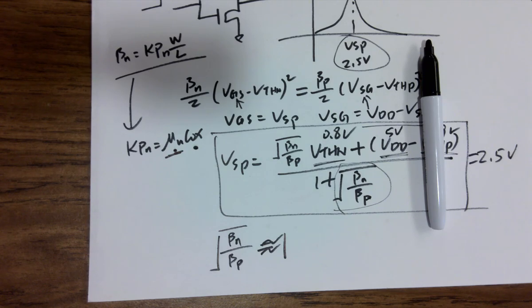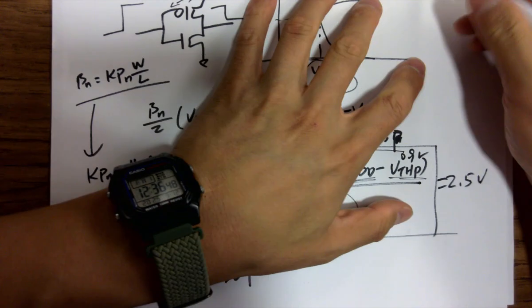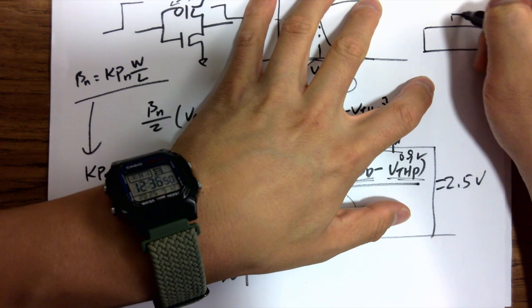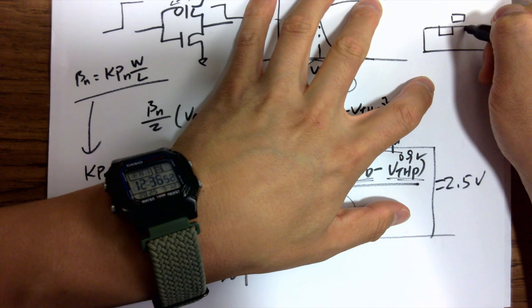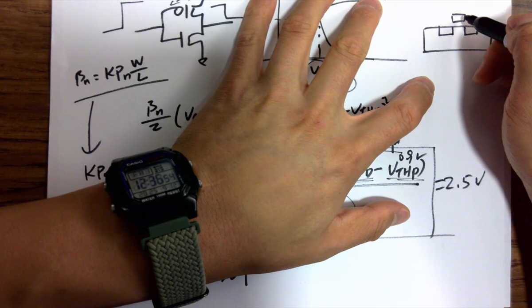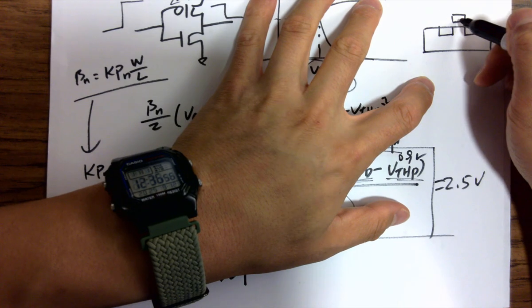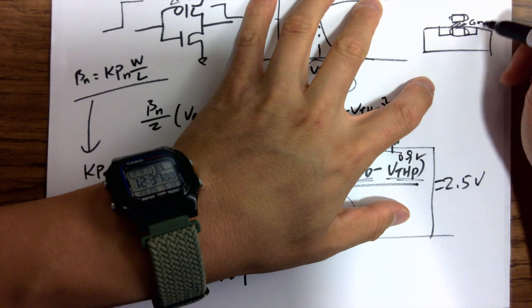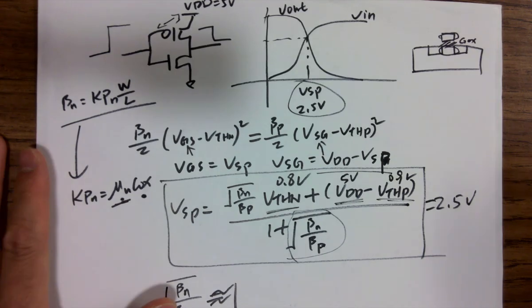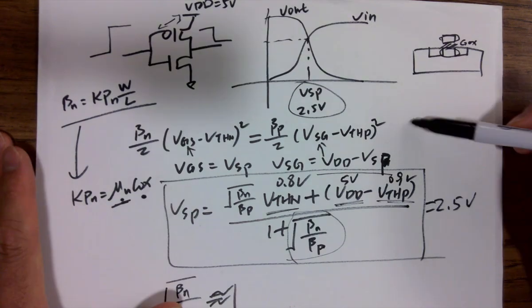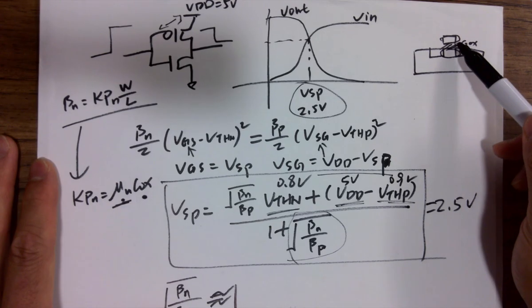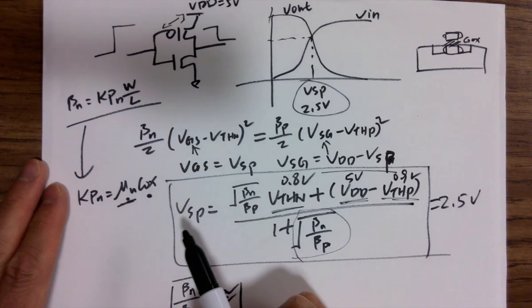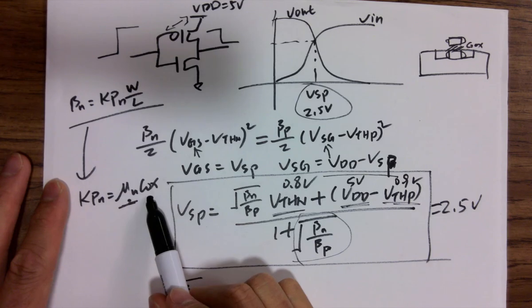COX is the capacitance from here to here, across the dielectric, the gate oxide layer, as a capacitance per unit area.